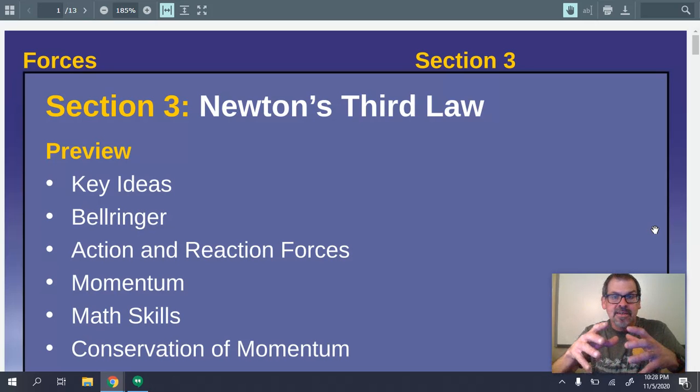Now, it's really easy to understand intuitively why an object that is resting doesn't start moving, right? That intuitively makes sense to us. A ball sitting on a table will remain motionless, or a ball sitting on the ground. A ball sitting on the ground will remain motionless unless acted on by a net force.